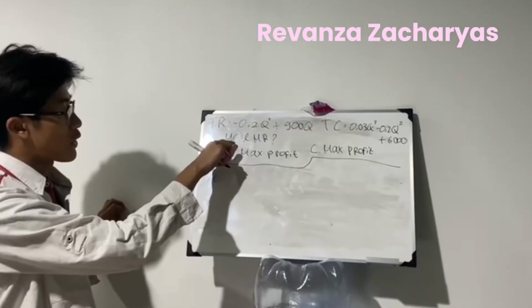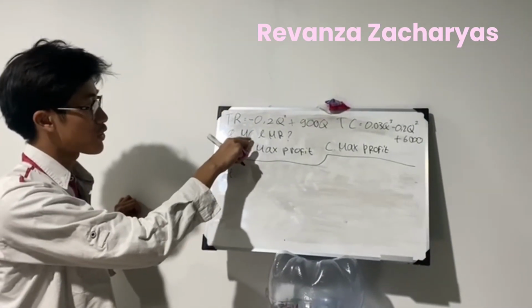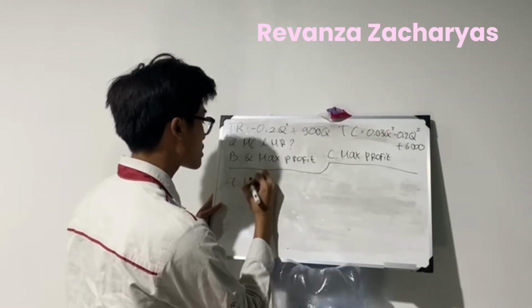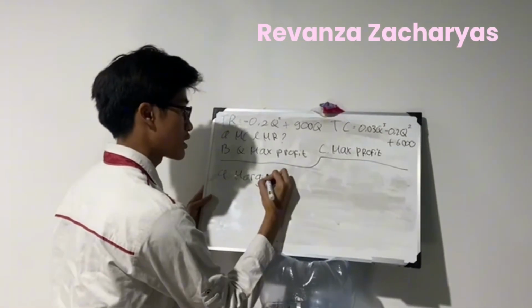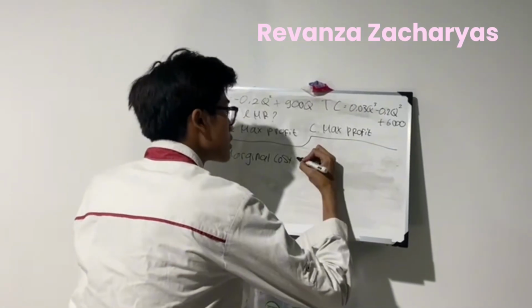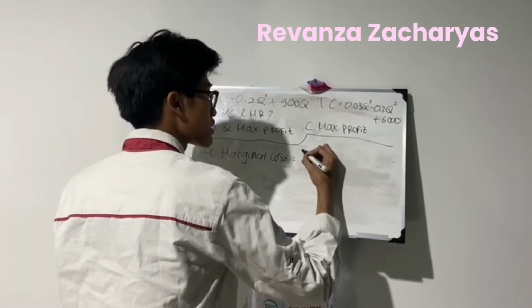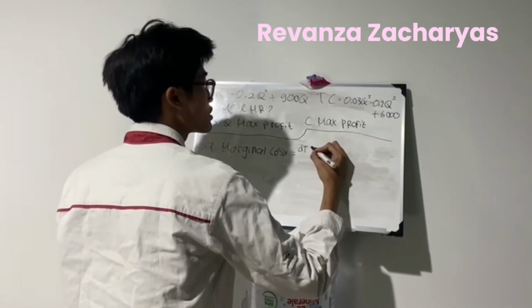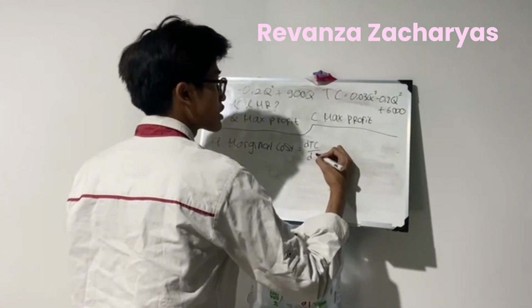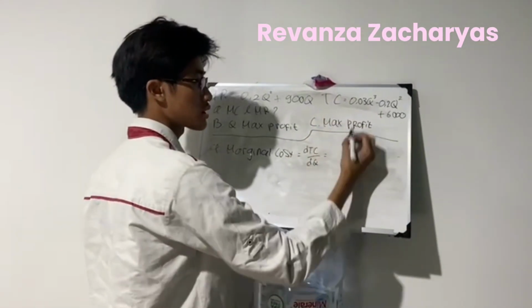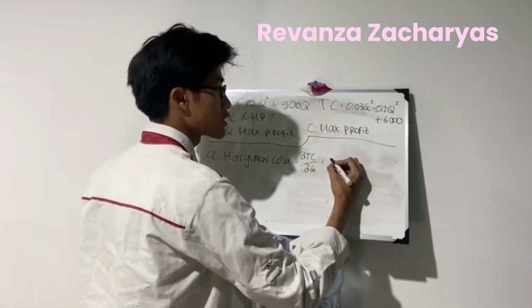We get the answer for the marginal cost and marginal revenue. For the marginal cost, we have a formula like this. So we're gonna input the TC to here.